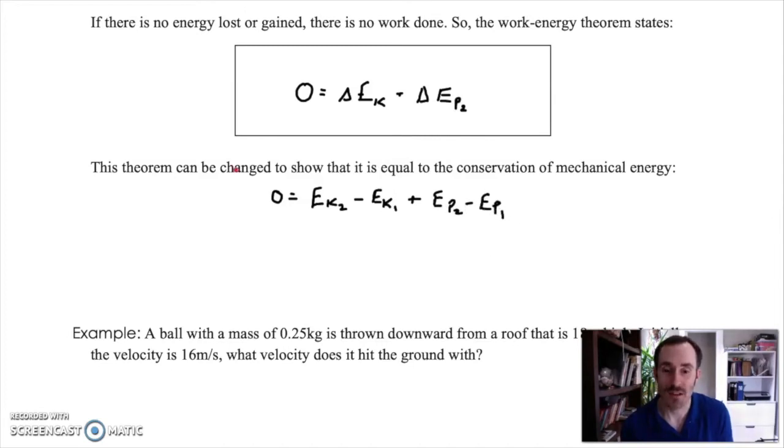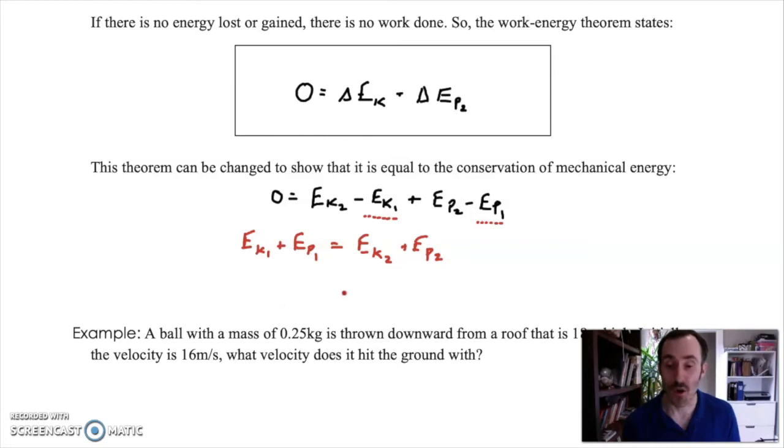Now, if we take this EK1 here and this EP1 here and add both of those things to both sides, just rearrange this a little bit using algebra, what you end up with is EK1 on the left plus EP1 on the left hand side, and then all we're left with on the right is EK2 plus EP2, which is exactly what our conservation of energy formula said, that all of the energy at the beginning, kinetic and potential together, is equal to all the energy at the end, kinetic and potential together, assuming there is no work done, and that was the assumption that we started with.